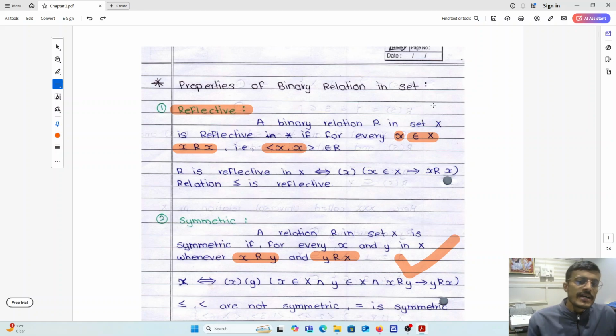Fine. So that is the reflexive property. Or in terms of matrices, all the diagonal elements should have the value 1, then it is called a reflexive property.